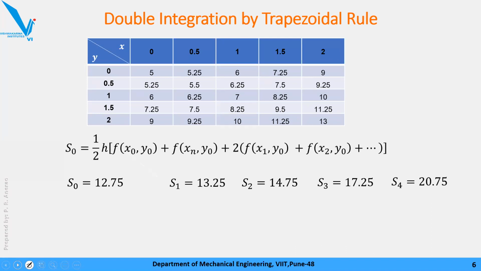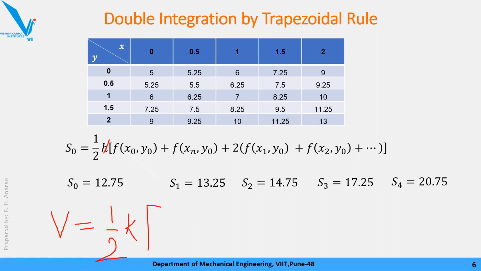Okay, now the last task, final answer. We got S0 up to S4, various values of S. So the volume or double integration's value will be equal to 1 by 2 times strip thickness. Okay, so h is already used in the s value, so here we are going to use k now.